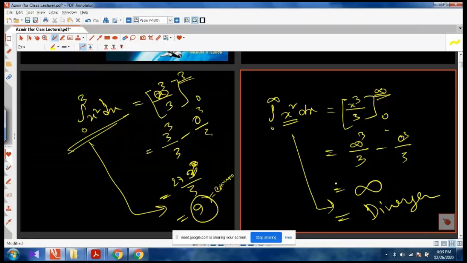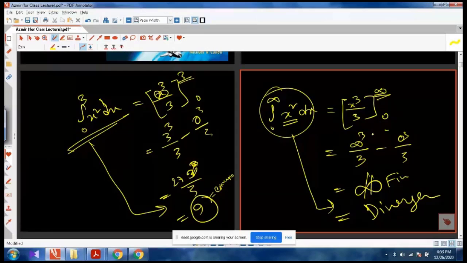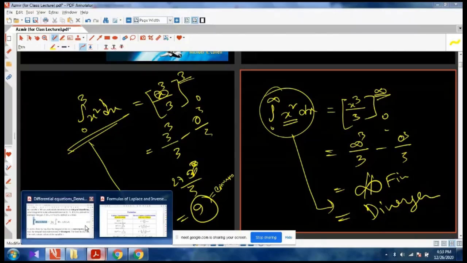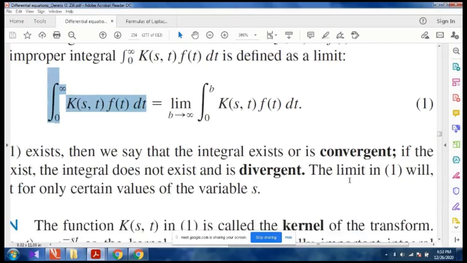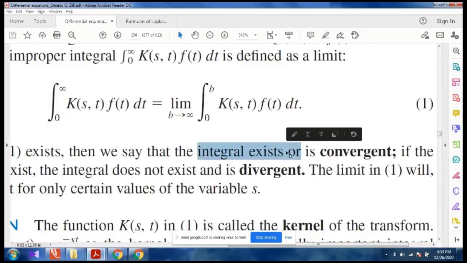If we have a look at some other problems of improper integrals, we can also expect a finite number. So these are the cases where an improper integral may be convergent or may be divergent. What is convergent? If the result is a finite number, then we can say the integral exists or the integral is convergent.